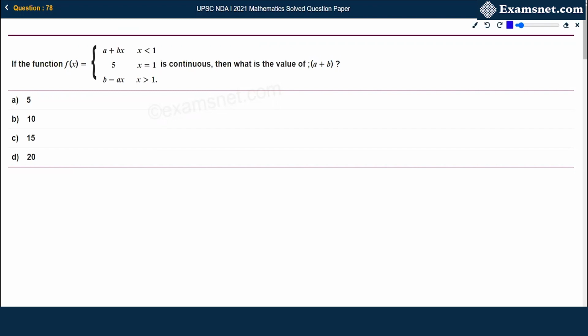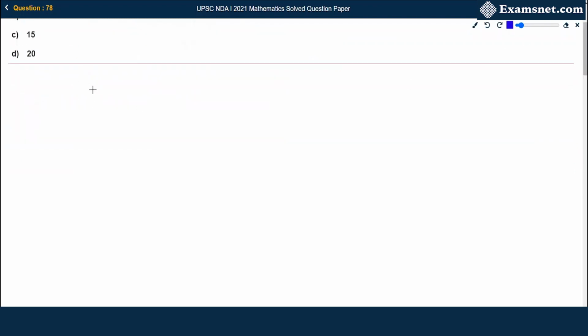So for the function to be continuous, we need to say that the right hand limit and left hand limit should exist and they will be equal.